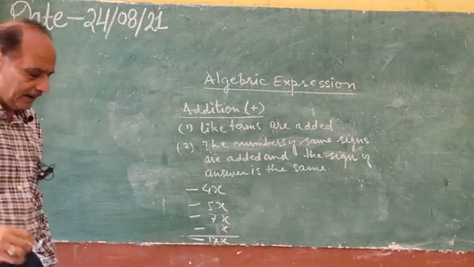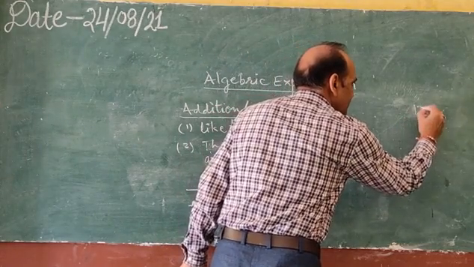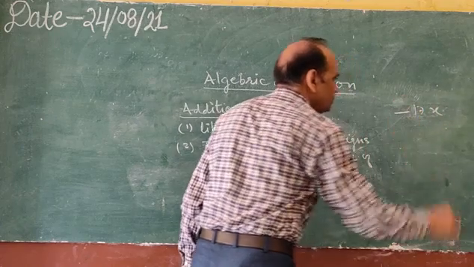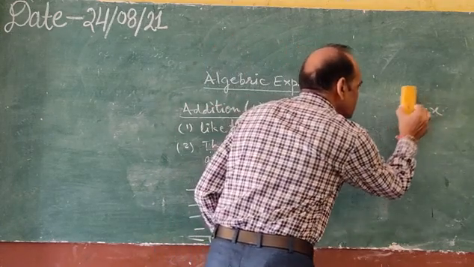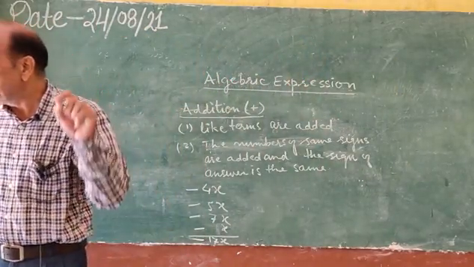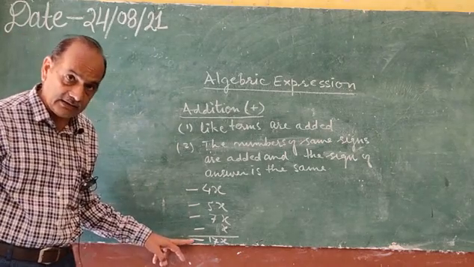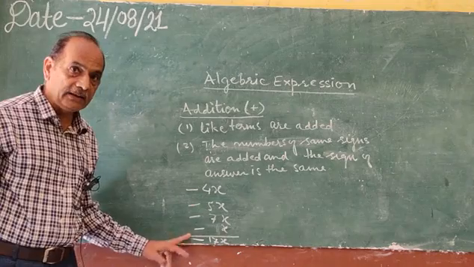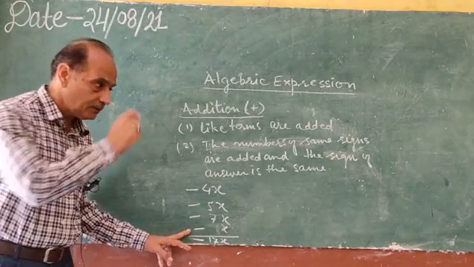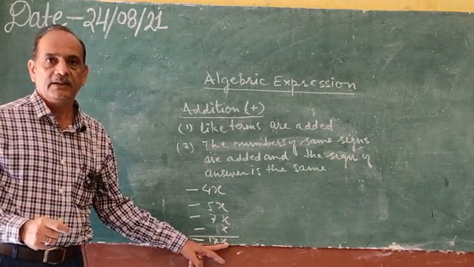Some students write it like this: first they write 17x, then minus. No, this is also the wrong method to write an algebraic expression. First you have to think about the sign. As there is a sign, you have to think about the sign first. So first put the sign, then the numeric value, then the variable.